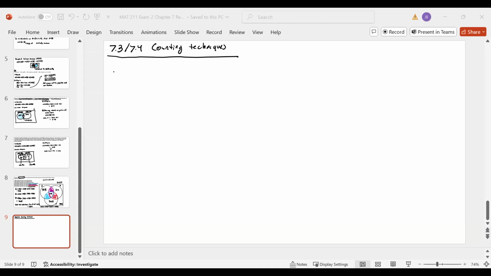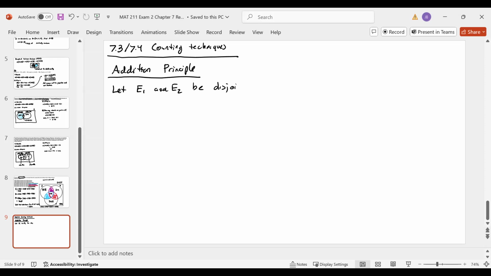So the addition principle is basically this. Let E1 and E2 be disjoint events, meaning they have no overlap. There's no overlap between them, so nothing in common.